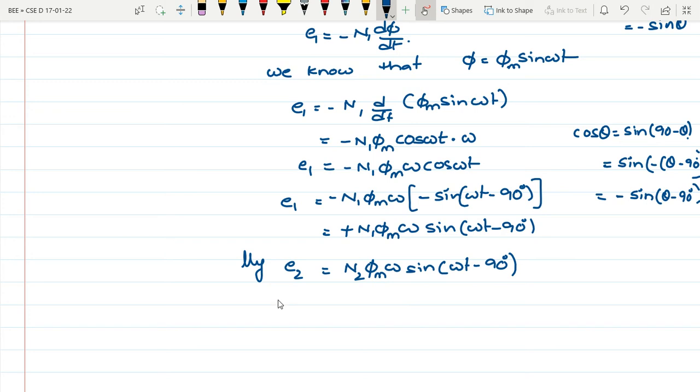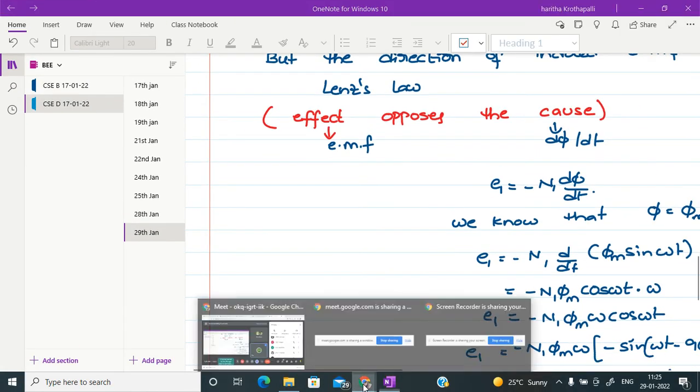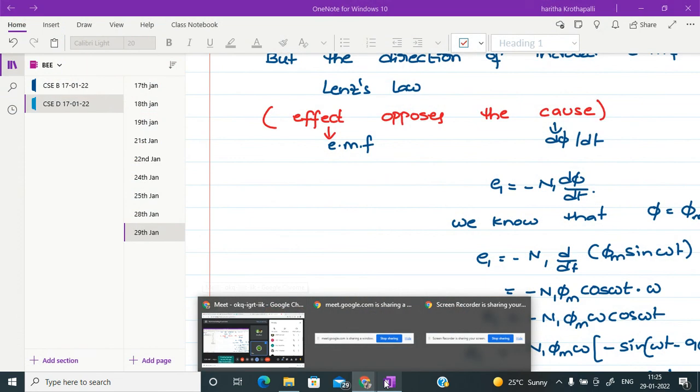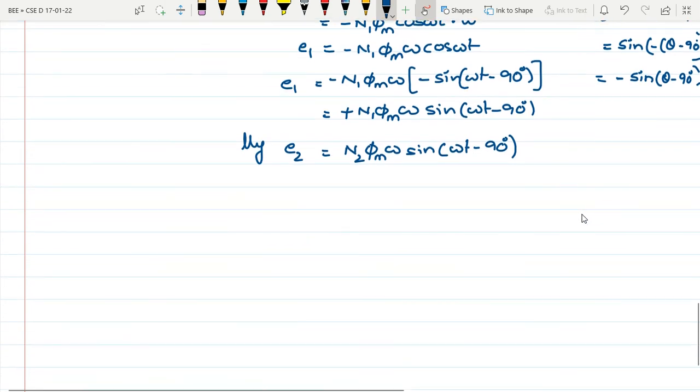But what I need, EMF equation is E instantaneous, RMS value I want. How can you get the RMS value? What is the formula for RMS value?